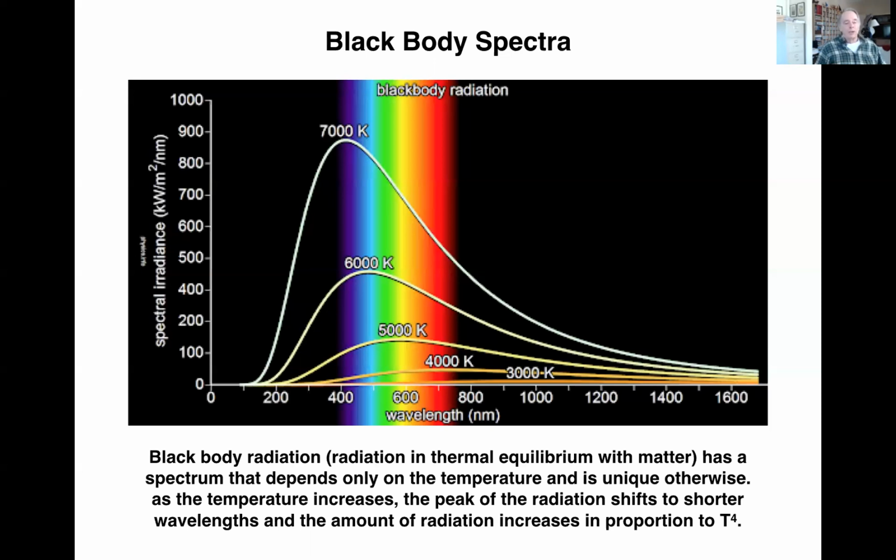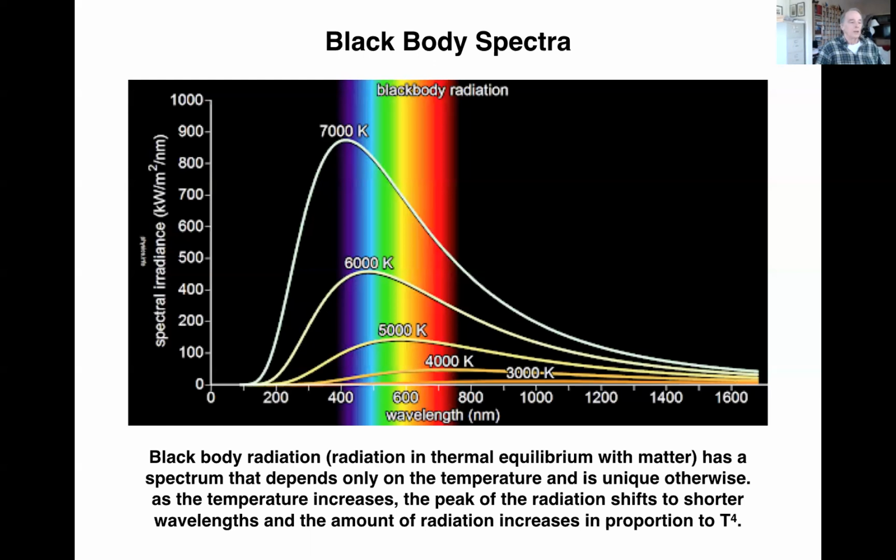Well, when you waited long enough, the radiation inside of the box would be completely equilibrated with the walls. And the spectrum of that radiation would be a universal black body spectrum characterized solely by the temperature of the walls, or of the radiation itself.